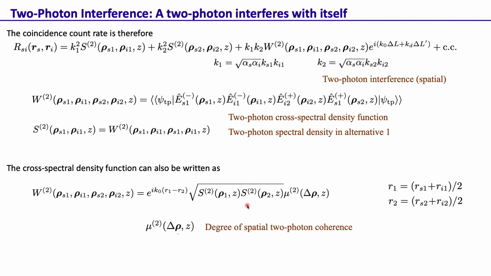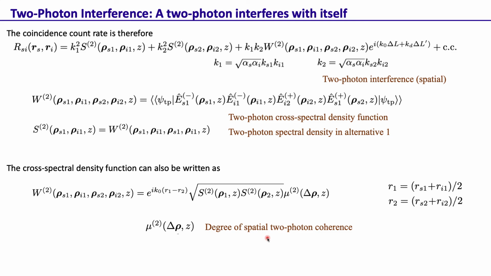Again, this is a very generic structure that we see in classical interference involving two alternatives, as well as one photon interference involving two alternatives. And this quantity that shows up here, we call the degree of spatial two-photon coherence.